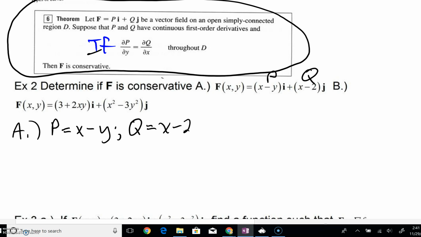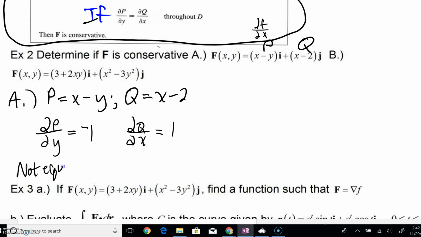P was the partial derivative of the gradient function f with respect to x, so now we take the partial derivative of P with respect to y. The derivative of x with respect to y is 0, the derivative of negative y is negative 1. Over here, we take the partial derivative of Q with respect to x, and the derivative of x is 1. These are not equal.